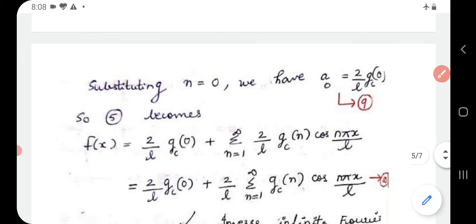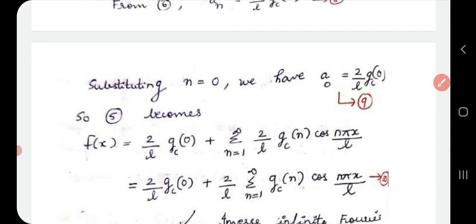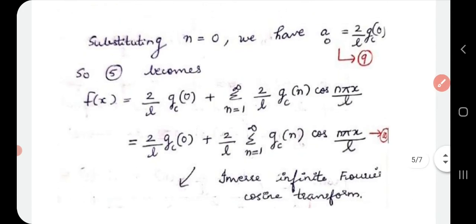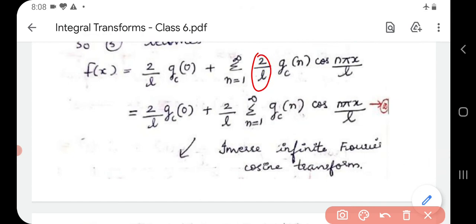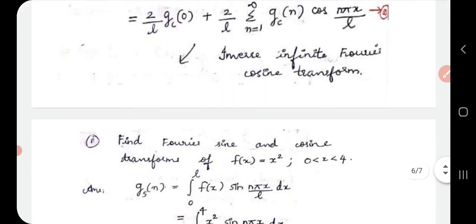Then this equation will reduce to this one, and finally to this, because here 2 by L is just taken outside. That is the only difference, and this stands for the inverse finite Fourier cosine transform. So just remember these two formulas: the finite Fourier sine transform and its inverse, and the finite Fourier cosine transform and its inverse.